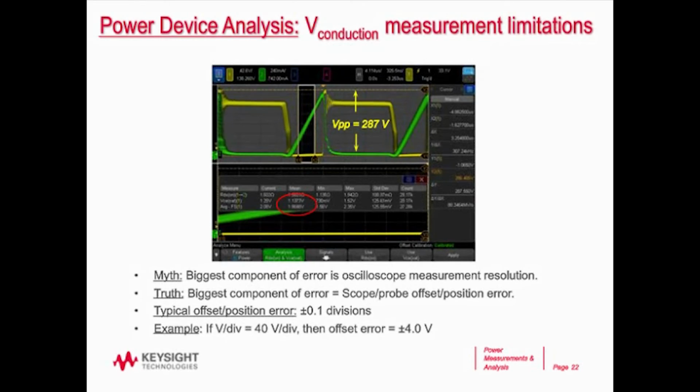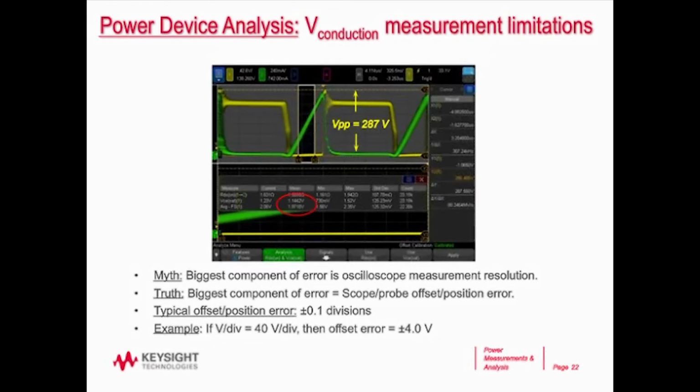In this case, we show a volts peak to peak of our switching of nearly 300 volts, and the scope's volts per division set up on that voltage waveform is about 40 volts per division. And if the offset error is 1/10 of a division, then you're going to have absolute voltage offset of about plus or minus 4 volts, which is huge.